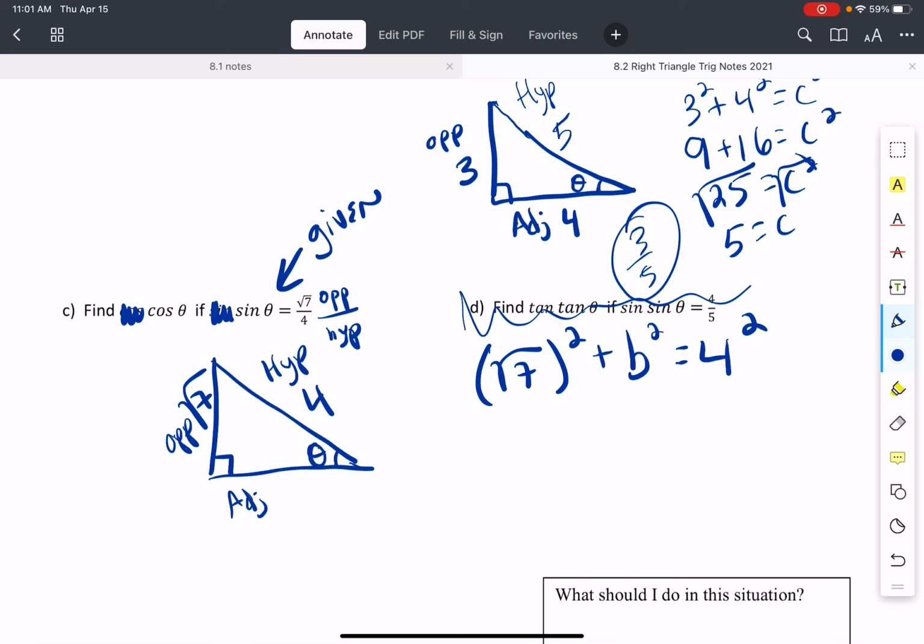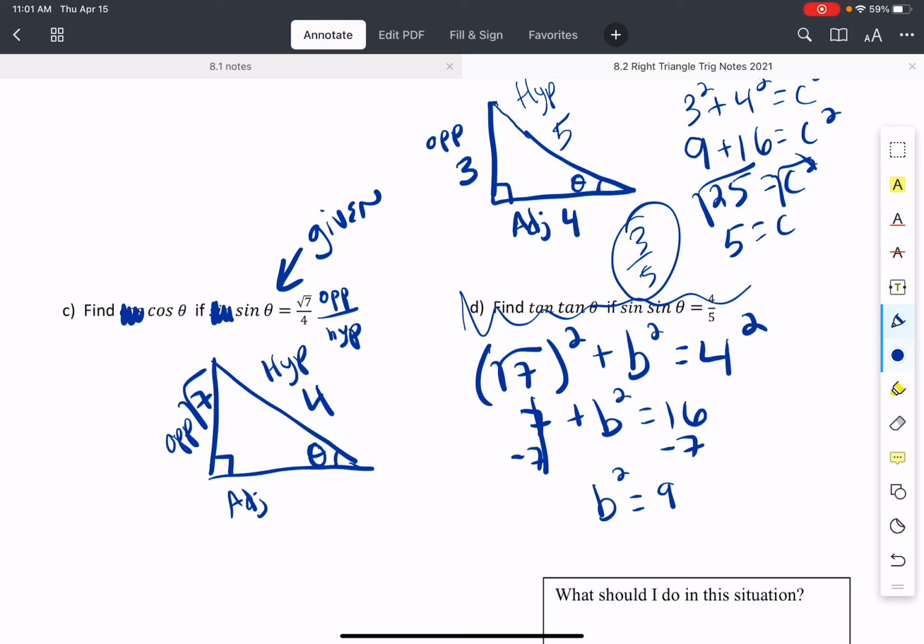C is the only one that matters. So square root of 7 squared is 7. 4 squared is 16. Minus over the 7. So B squared is 9.